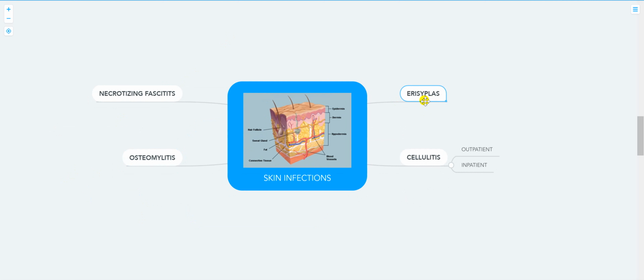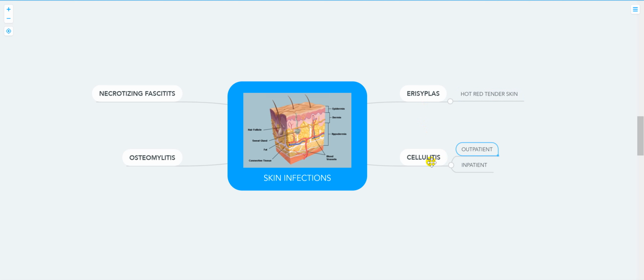So erysipelas, what do we do usually? Usually you can draw lines with the pen, it's usually well demarcated erythema. That's the main thing. Hot, red, tender skin. Okay, so we treat it the same as cellulitis. So cellulitis outpatient management, it could be strep or a staph.